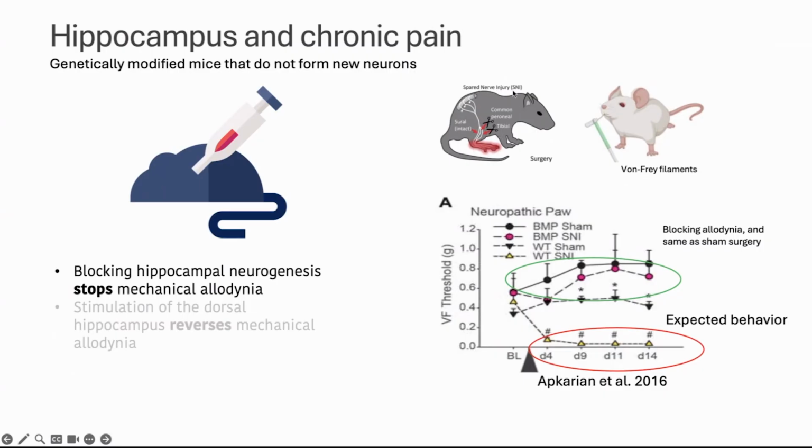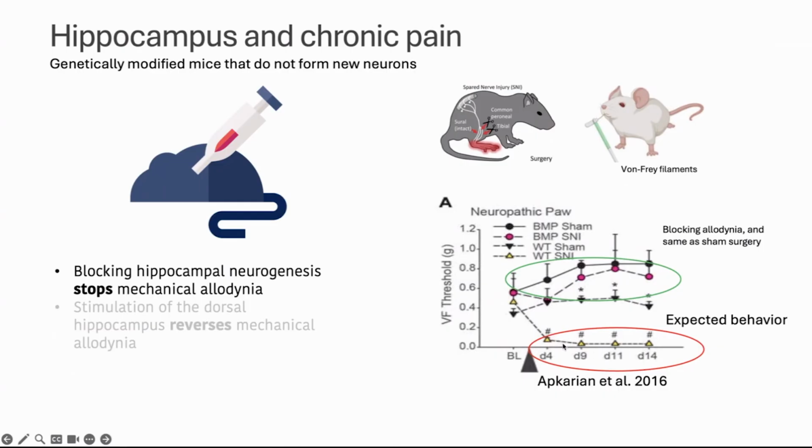And what was found on this study is that in these mice, again, these are mice with spare nerve injury, so you cut their sciatic nerve, 2 out of 3 branches of the sciatic nerve, and you poke these mice with these filaments to see what's the force that you need to make the mice withdraw their paw. And what was found here is that in mice that had perfectly normal neurogenesis, so they were able to form new neurons, we call them wild type, but that had a spare nerve injury, they show a lot of mechanical allodynia.